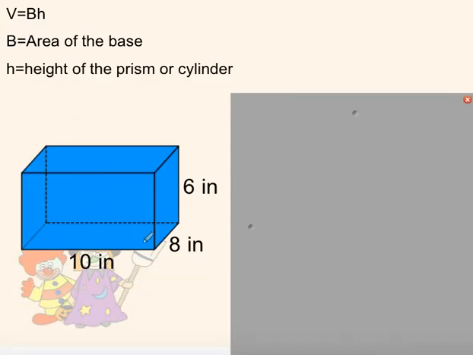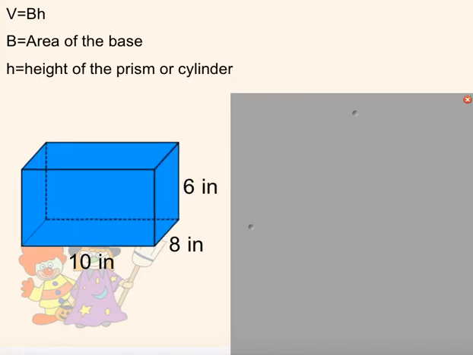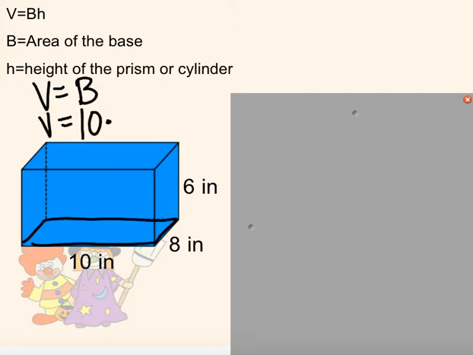So if we take this prism right here, since this is a rectangular prism, our base can be any of these sides, any of these faces. Let's take this as our base. So we need to find the area of the base. That is going to be 10 times 8.